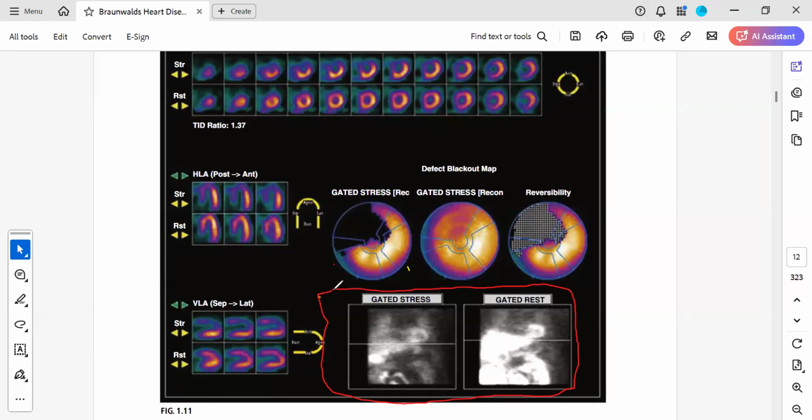This leads to an impaired clearance of tracer from the pulmonary circulation, causing increased uptake. So as you can see, this is not a normal occurrence. It's a pathological process. So that makes option C also false.